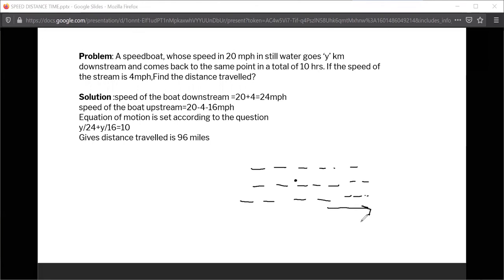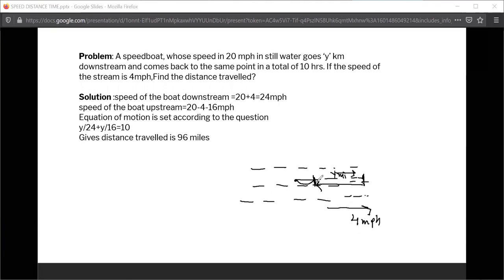The stream speed is given to be 4 mph, and this is my boat. It traveled a distance of y miles and returned back, and it took 10 hours.